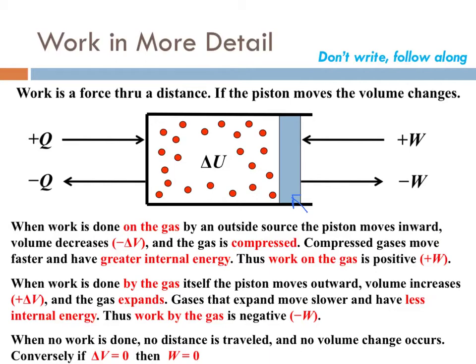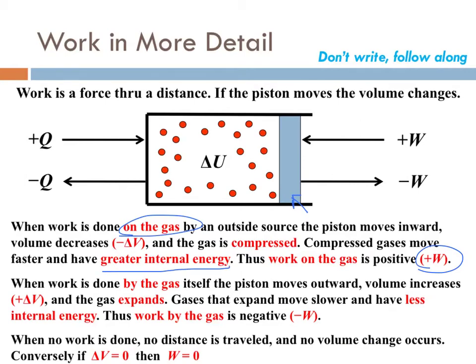If we decrease the volume, then we have to increase the pressure. If we increase the pressure, then we're increasing the temperature. So what we did is we did work on the gas. So work on the gas is positive work, meaning that we have increased the internal energy.